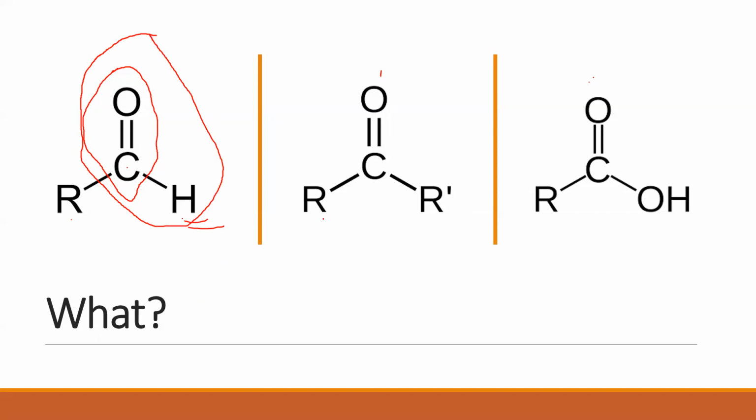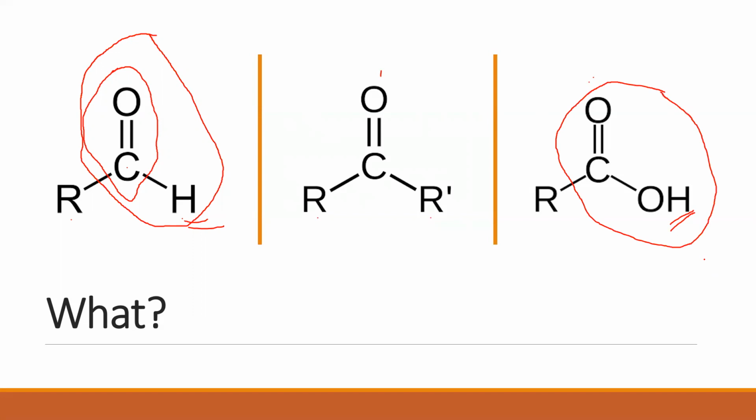What about the second one here? In the second case, if both R and R dash are compulsorily carbons, then I have the next set of compounds called ketones. All right, then what is a carboxylic acid? If one of the R groups is OH, then I will get COOH as the functional group.